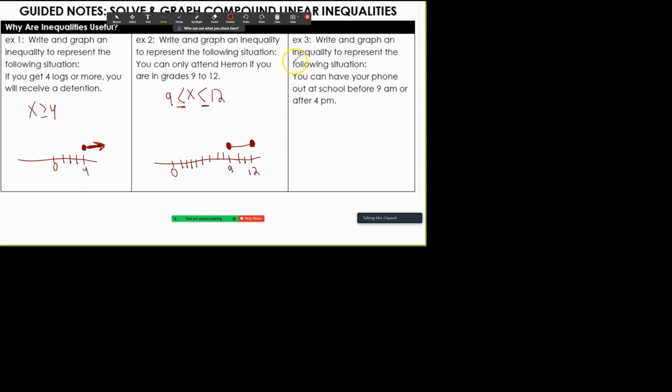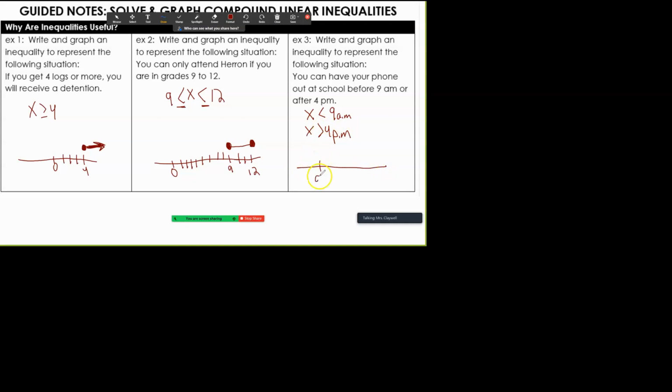This one says write an inequality that represents the following situation. You can have your phone out at school before 9 a.m. or after 4 p.m. So as an inequality, x is less than 9 a.m. or greater than 4 p.m. This is a little weird to do because of time.